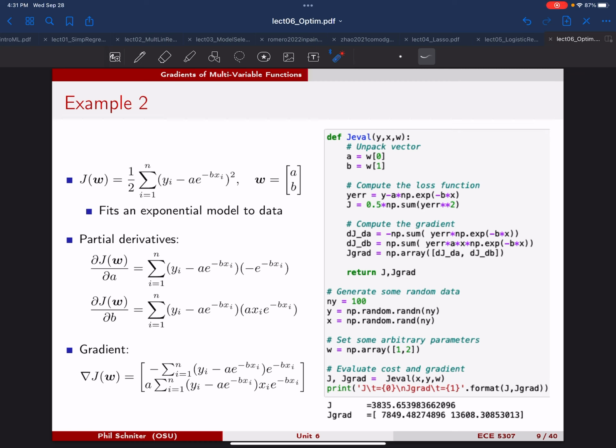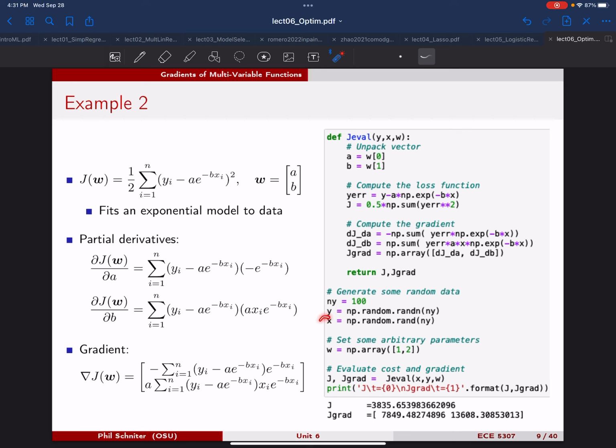In terms of an example, we can first declare the size, ny, which is how many samples are in our training data. In this case, we're going to create random samples. Y uses randn, which means it's Gaussian, by default zero mean and unit variance, so we have y randomly drawn Gaussian values.